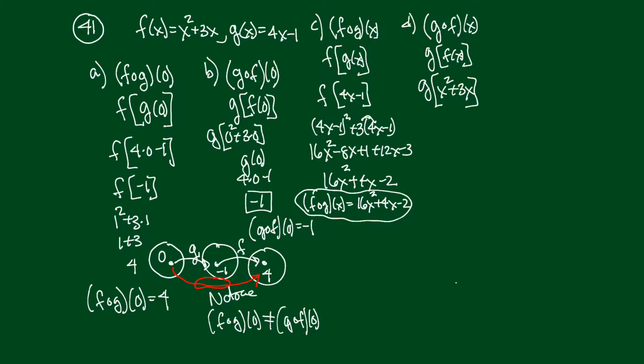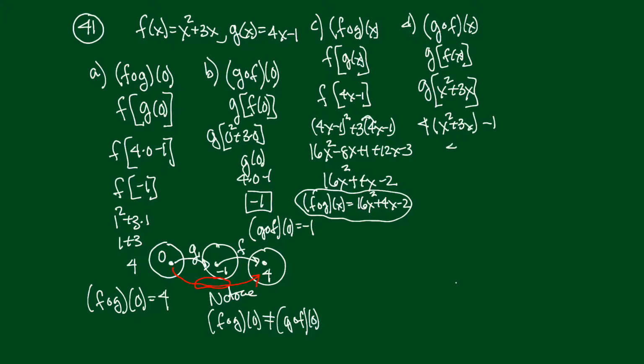And now, what to do with that x squared plus 3x? Well, we're going to process it with g. So look over to the g rule. It's right over here. We're going to replace that x with x squared plus 3x. So that's going to look like this. 4, and the x is going to get replaced with that x squared plus 3x, and then we still have the minus 1.